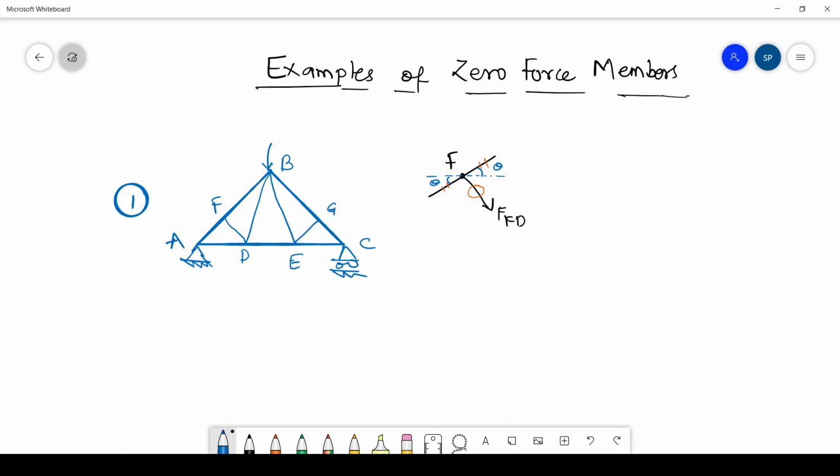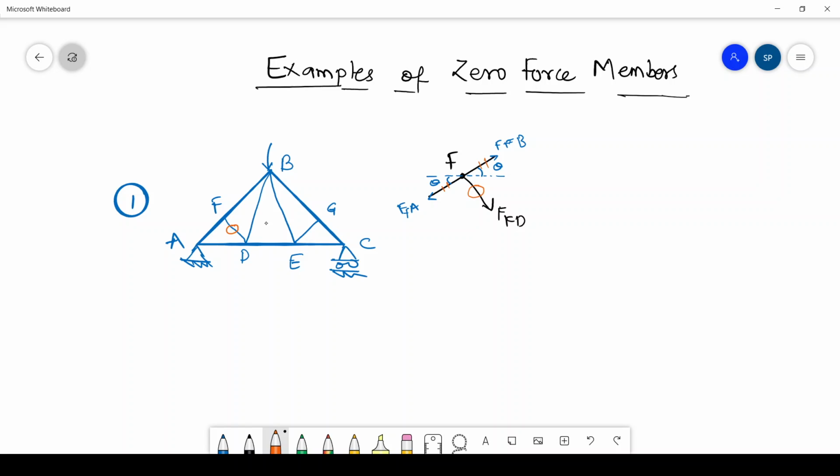You can apply summation Fx, summation Fy equal to 0 to these forces, and after going for resolution you will come across these two member forces are similar, that is force along FB and force along FA, and this F_FD comes out to be 0. Just to avoid that calculation, by visual observation itself you can identify this FD.